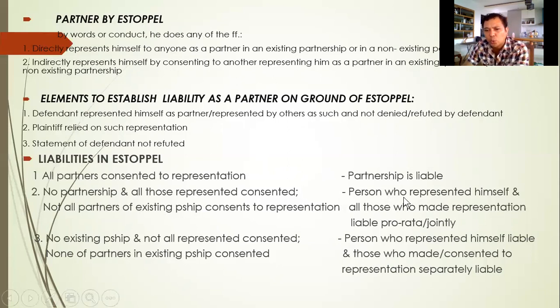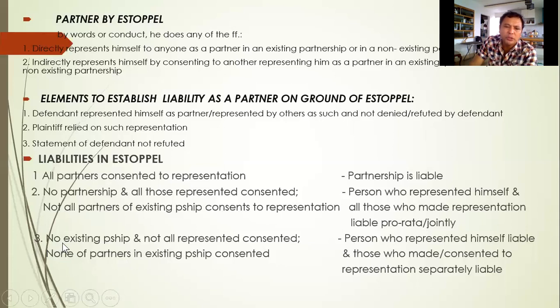Then the person who falsely represented himself and all those who made the representation will be liable proportionately or jointly. So in this case, not all partners of an existing partnership consent to the representation.